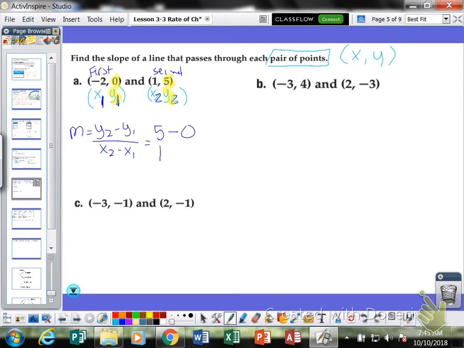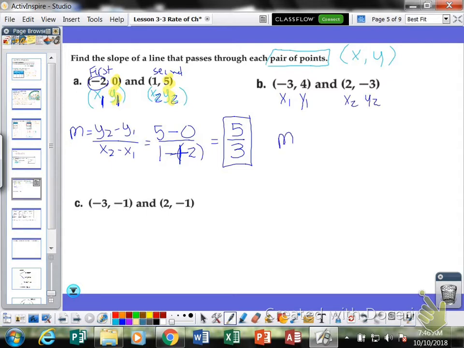So it would be 1 minus a negative 2. Then I keep going, and I get 5 over, this becomes plus 2, which is 3, and I leave my answer as 5/3. I do not convert it to a mixed number. Do not, with slope, convert. Leave it improper.